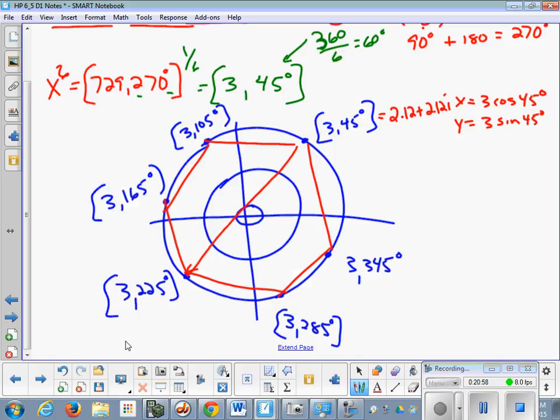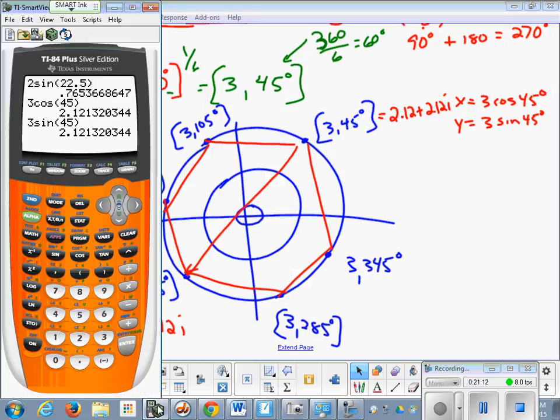Directly across from us, the opposite will be the opposite. This is negative 2.12 minus 2.12i. Now I've still got some work to do here. 105, 3 cos 105, oops, 3 cos 105 is negative 0.77, and 3 sine 105 is 2.89.